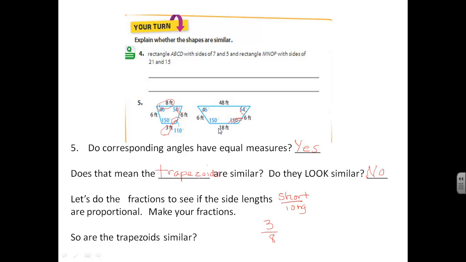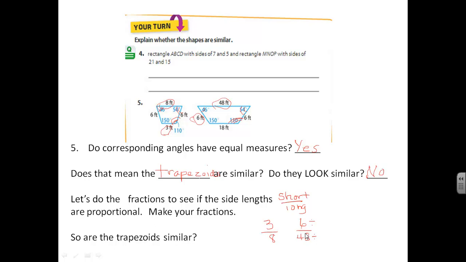And then this one is 6 and 48. Okay, does 3/8 simplify? No. Does 6/48 simplify? Yes. What's the biggest number you can divide both of these by?